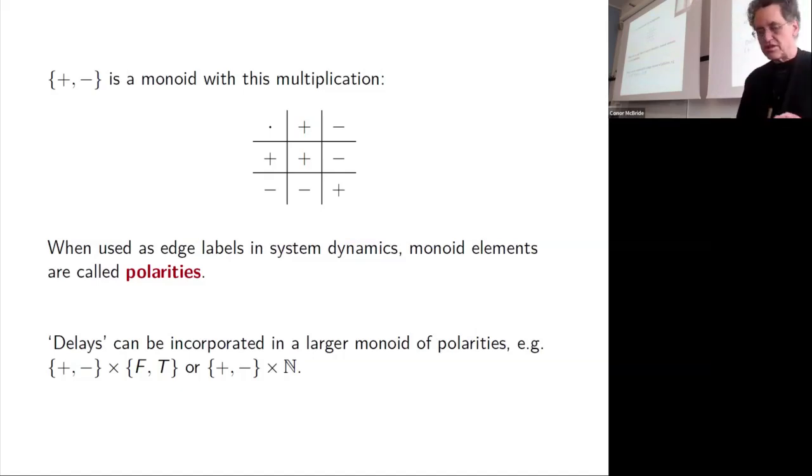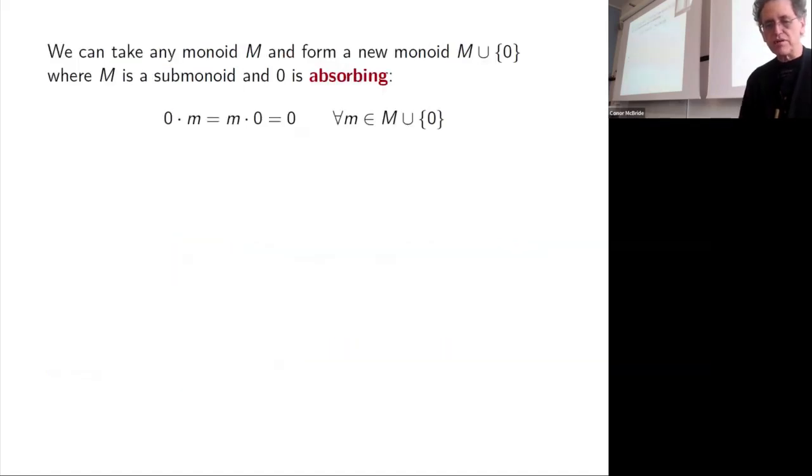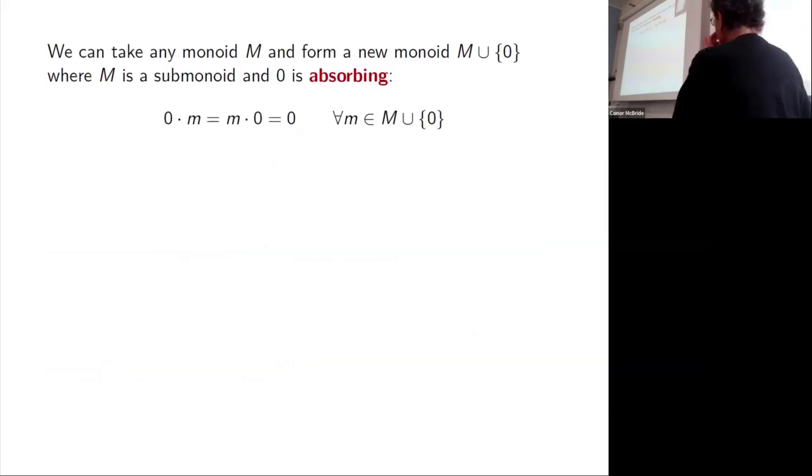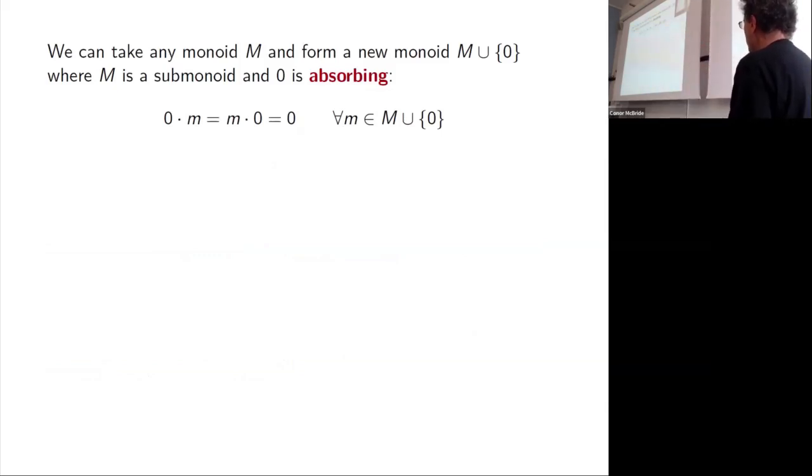But as we began to study the system dynamics literature, Aditya and I noticed a lot of other interesting monoids that get used. Mathematically, one way to get a new monoid from an old one is to throw in a new element, which you could call 0, which is absorbing. An absorbing element is an element which, when you multiply it by any other element in your monoid, gives this particular element.